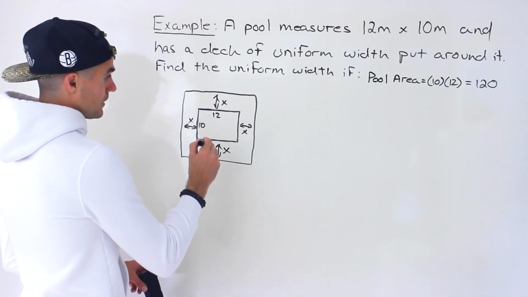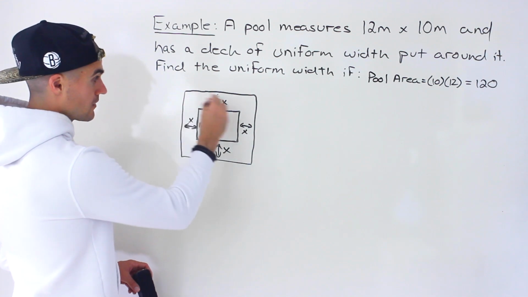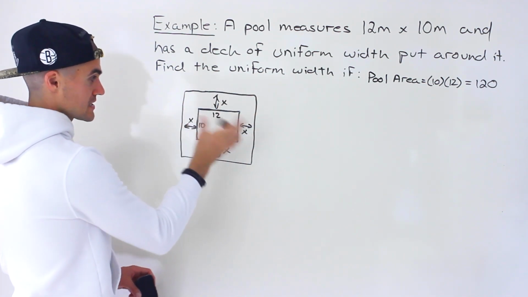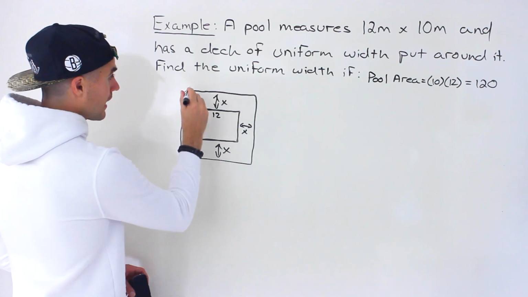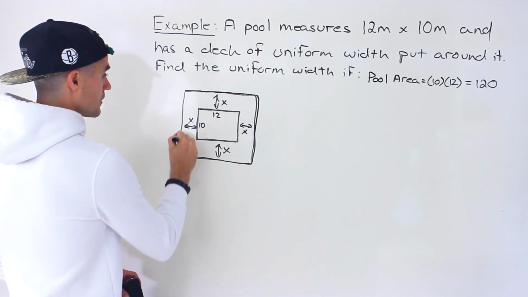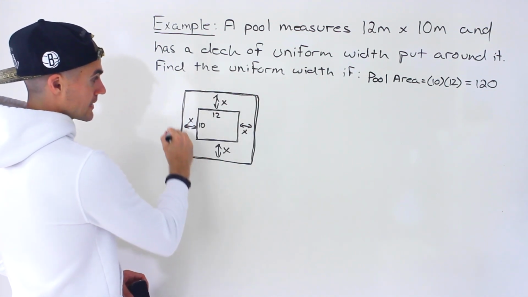Now what I want to do is get an expression for the deck area, which is basically this border that's around. What's the area of that going to be? And I also want to get this entire area right here, the area of this entire rectangle.